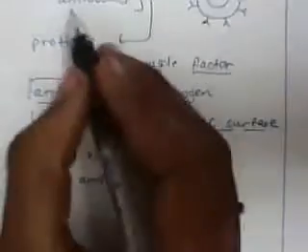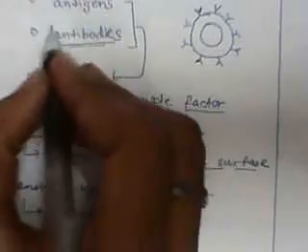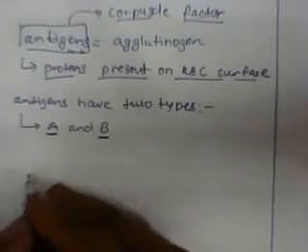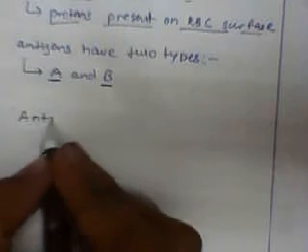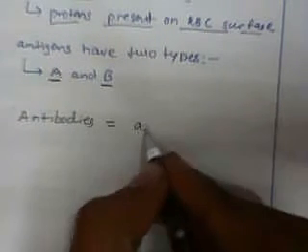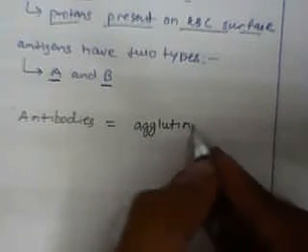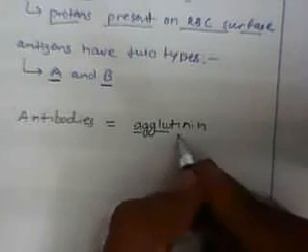Now I'm going to talk about antibodies. So what are these antibodies? Let us see. Antibodies are also known as agglutinin.